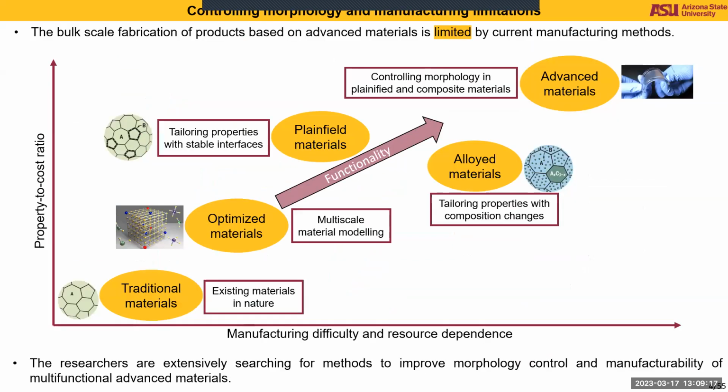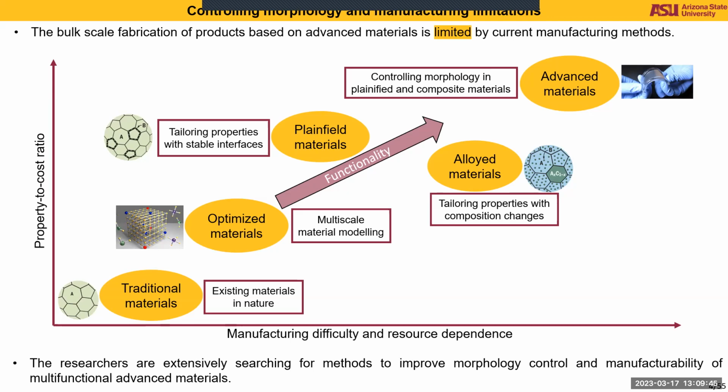Manufacturing limitations have always posed a grand challenge in realizing the true potential of advanced materials. The process of converting traditional materials to advanced ones involves several doping techniques to improve functionality in plain and alloyed materials. However, morphology control limitations have always restricted realizing the true potential of advanced materials.